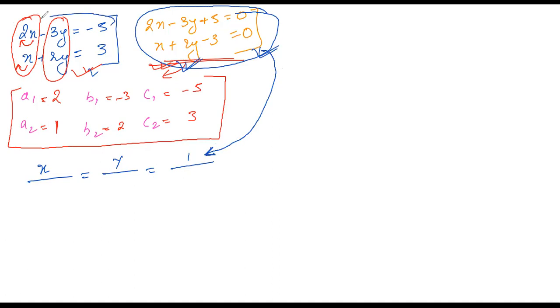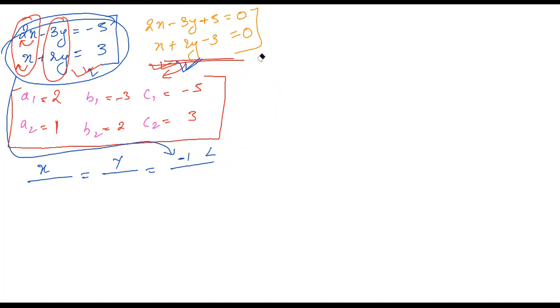But if you are using this form of equation, then everything will be the same, but this one will be negative. Am I clear? Are you all getting this? So why will it be negative? It's the formula, it's the formula only.